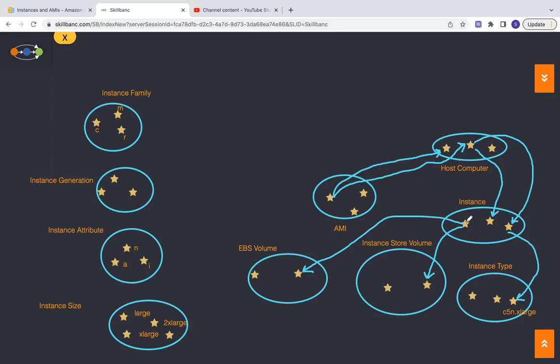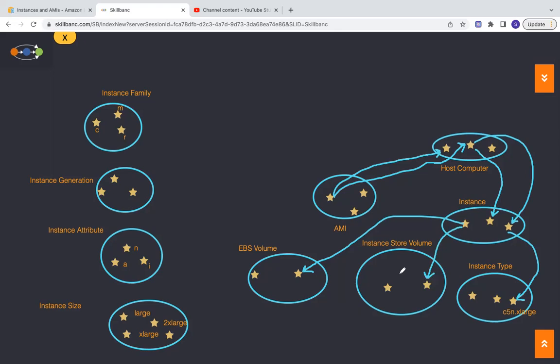In AWS, if this instance is not healthy, then another instance will be launched by the EC2 service, and whatever data is on this store will be gone. So that's why you have to decide.